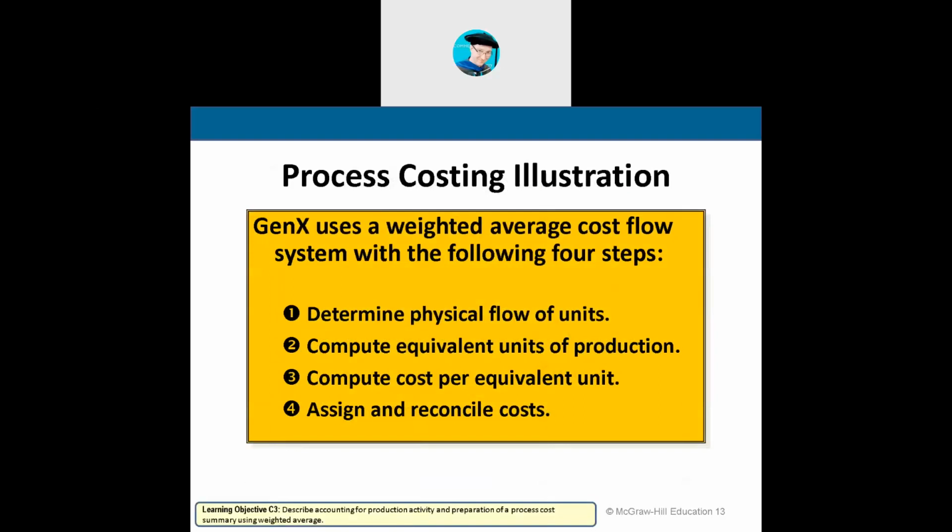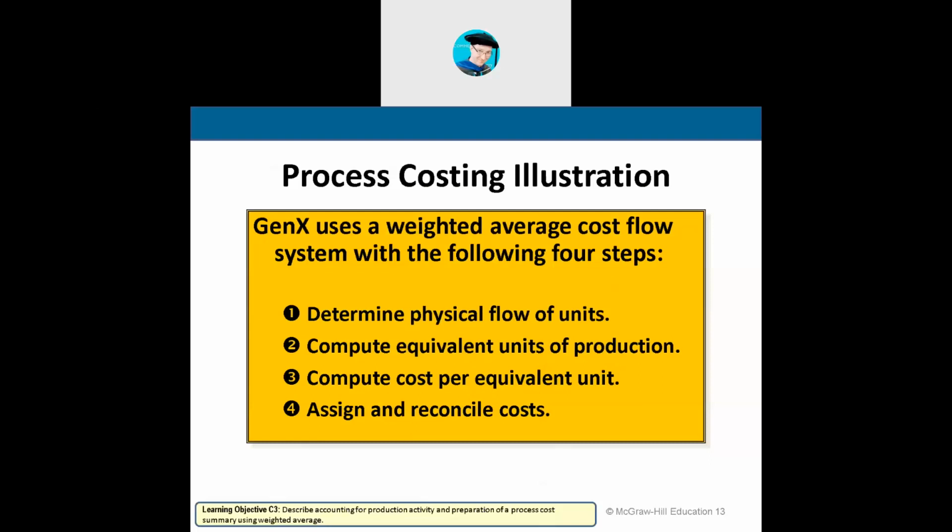So how do we apply weighted average to process costing? First step is we figure out the physical flow of units. If we think about our tennis ball example, a tennis ball starts with a core department, then the felt department, then the packaging department, and then it becomes a finished good, right?